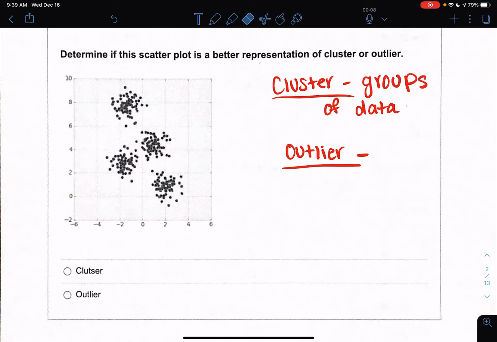So it kind of looks just like a random point outside of, if it's a linear line, all the other data. So a data point outside of the others, we'll say.